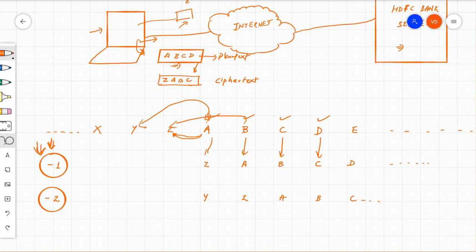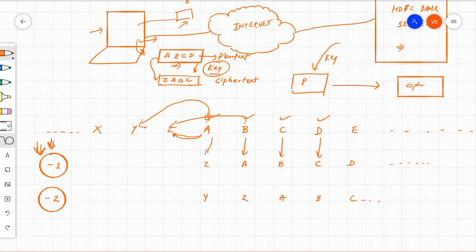and the number which I am using to convert ABCD to ZABC, or plain text to ciphertext, is known as the key. So in simple terms, if you have your plain text and you have the key, you can have another message which is an encrypted message, and we call it ciphertext, which is not readable if you do not know this key.